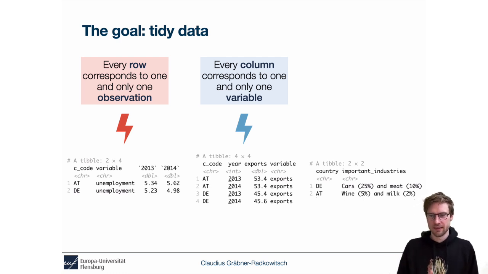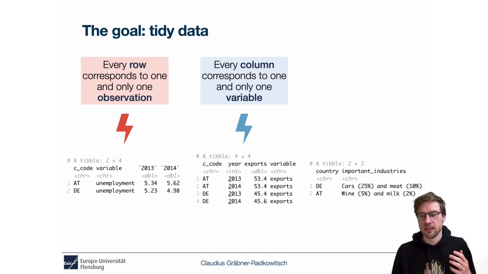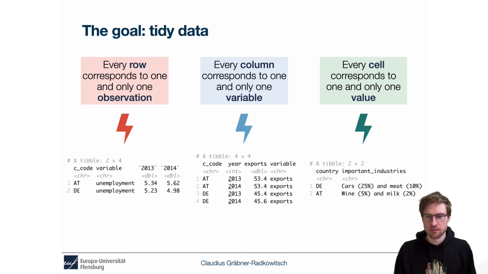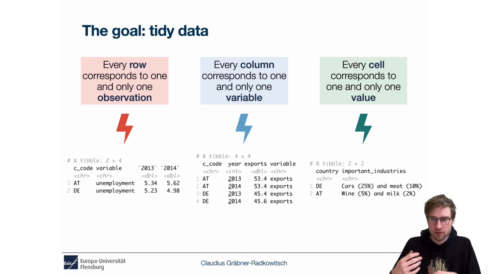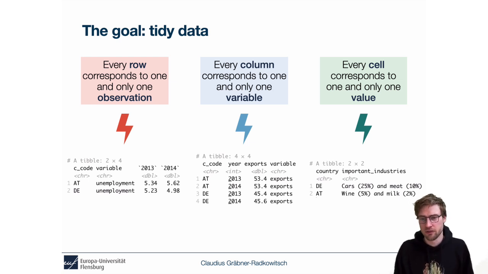Okay, you see, this is a data set illustrating the example that I mentioned before, where we actually violate the third demand for tidy data, namely that every cell corresponds to one and only one value. You might see this kind of presentation in papers, where you have a kind of summary table, where people try to summarize what they've written before in an illustrative way.